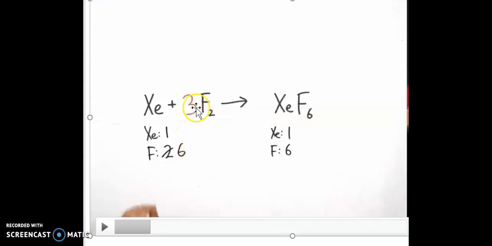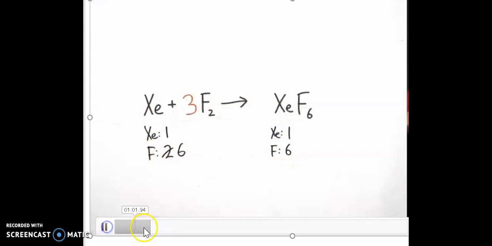That will give us already the 6 moles of fluorine for the reactant side, and these 3 here balance out the whole chemical equation, as you can see. So 1 xenon for the reactant side, 1 mole of xenon in the product side, 6 moles of fluorine in the reactant side, 6 moles of fluorine in the product side. So this chemical equation now is balanced.